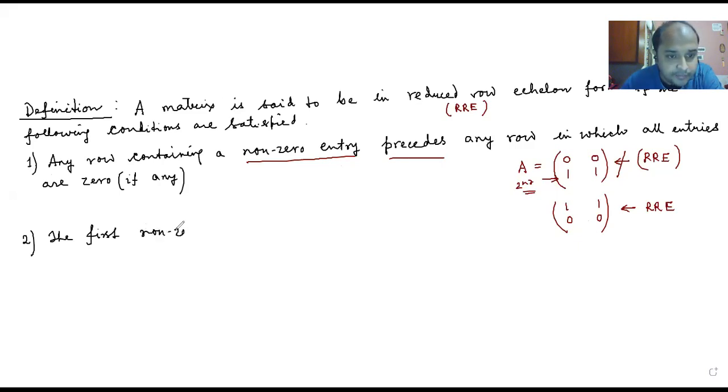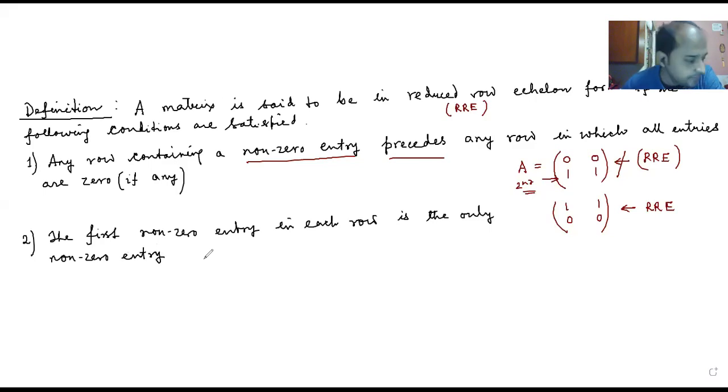Number two: the first non-zero entry in each row is the only non-zero entry in its column.